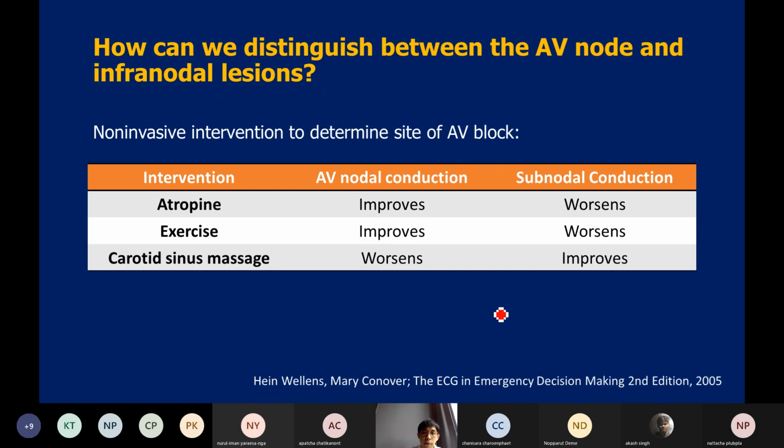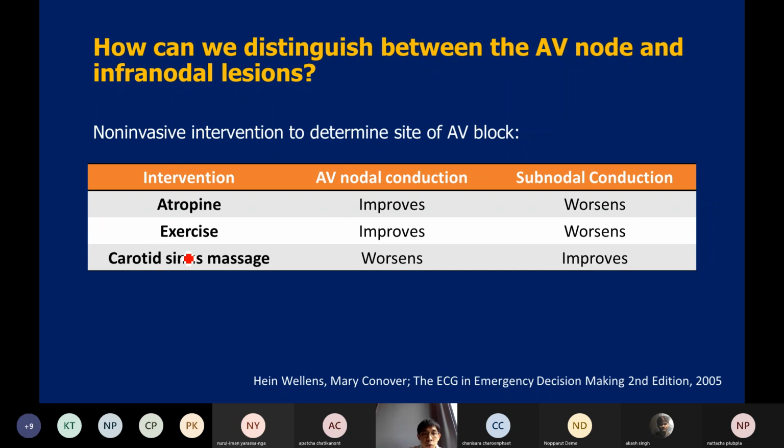But if it is infranodal block, the block below the AV node in the area of the His bundle or the bundle branch, the ECG would worsen. If it is a second degree AV block, it could worsen to high grade AV block or complete heart block.